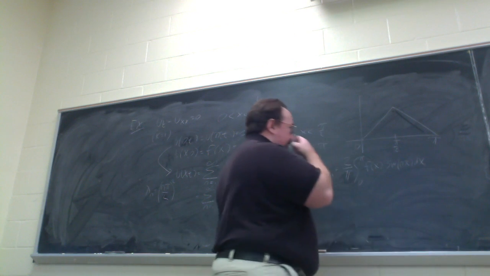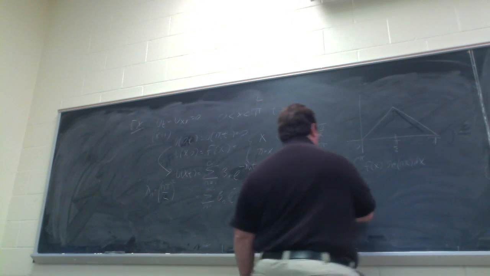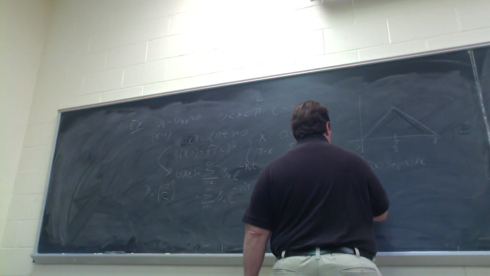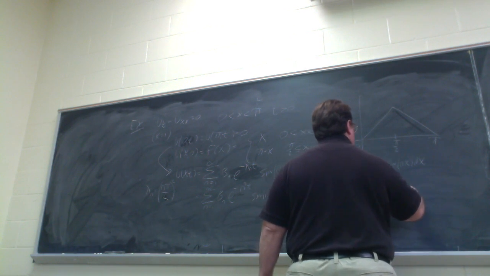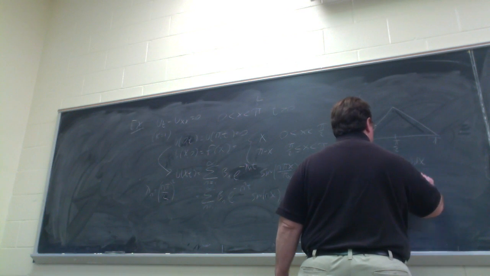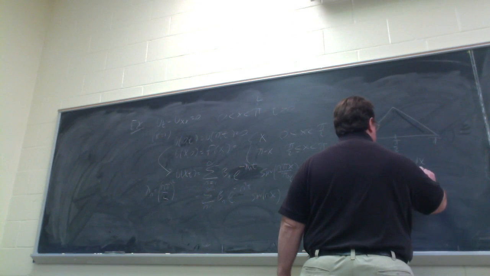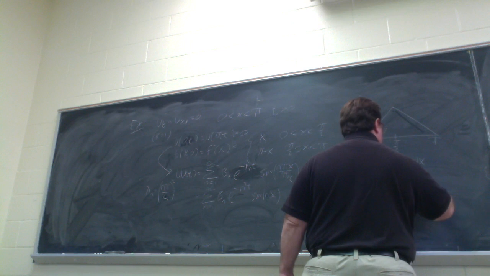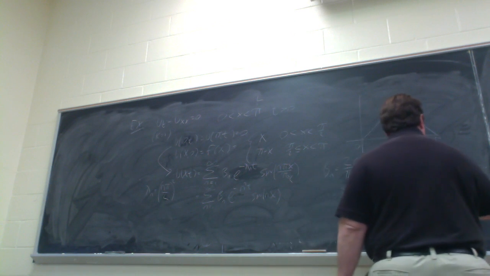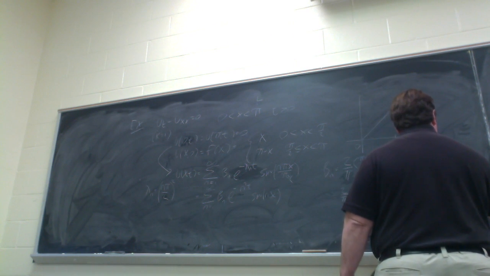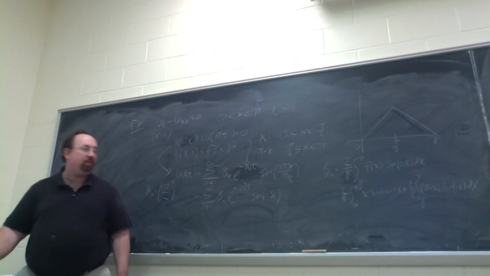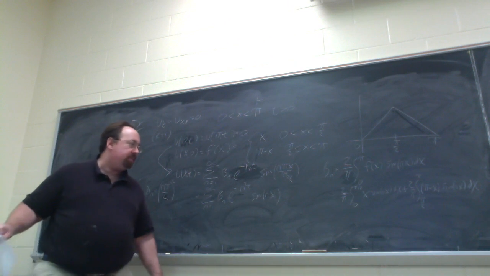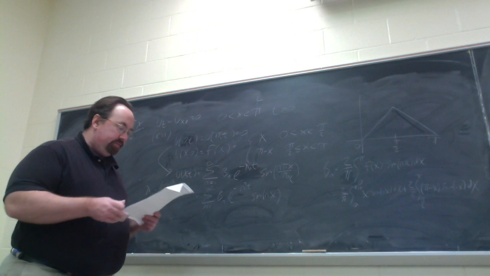Now we fill in what f of x is, and we get a piecewise integral: integral from 0 to pi over 2 of x sine nx, plus 2 over pi integral from pi over 2 to pi of pi minus x sine nx dx. So now it's those two integrals that we have to evaluate for each n.